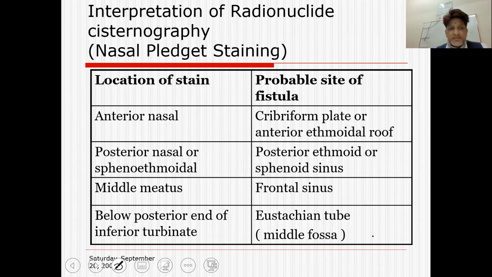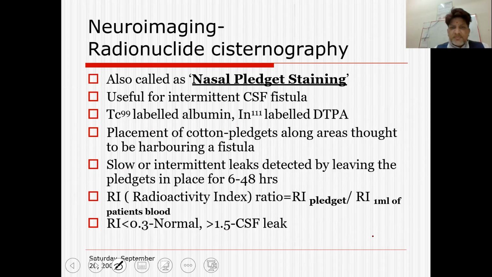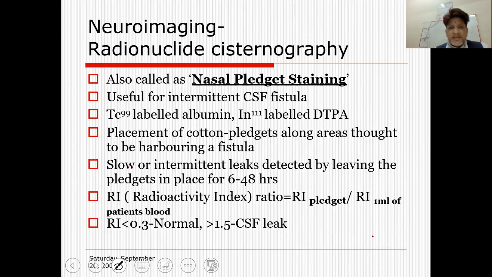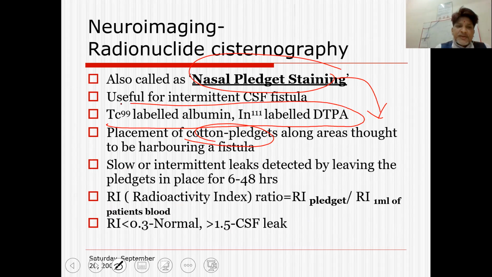Then there is the staining. This nasal pledget staining is nothing but when you insert cotton pledgets into the nasal cavity, and then into the CSF via a lumbar puncture, technetium 99 labeled dye is injected, and slowly it will go into the CSF circulation.